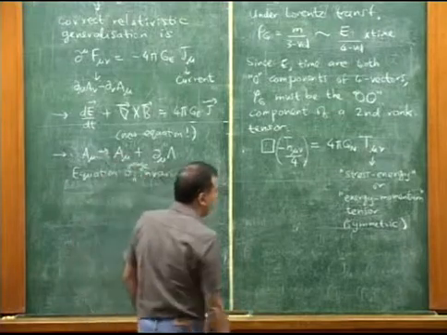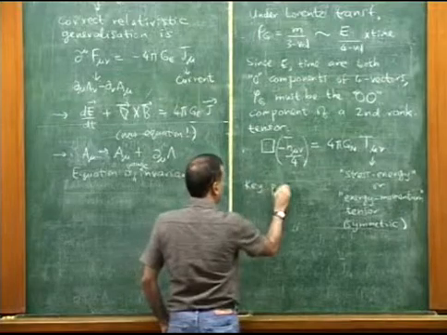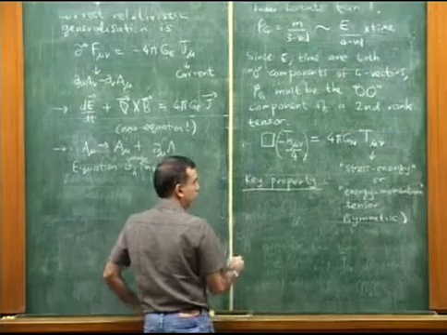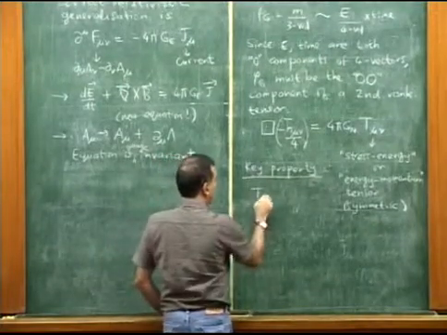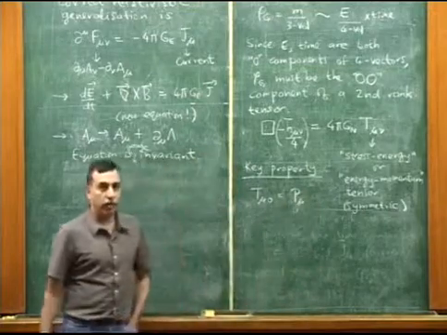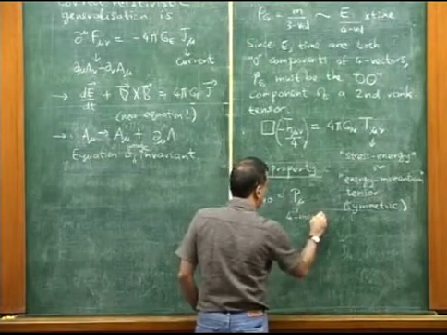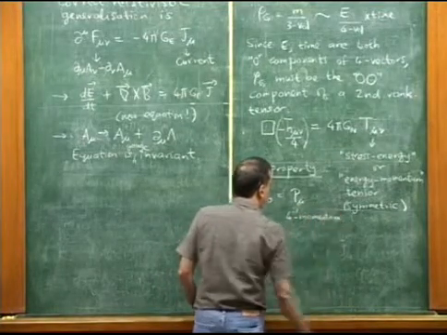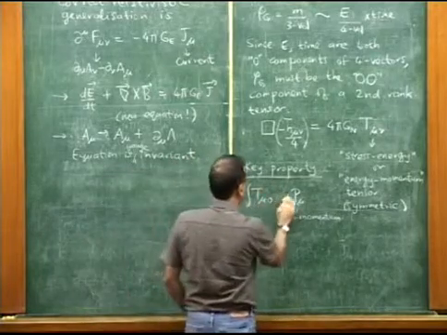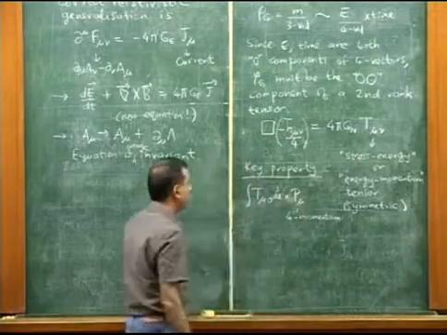Good. Now, the key property of T mu nu, as I said, we'll be going into lots of examples of T mu nu which will make it clearer to you later on. But the key property is that T mu 0 is P mu, the four-momentum. Or perhaps the correct thing to say is that the integral of T mu 0 over space is the four-momentum.